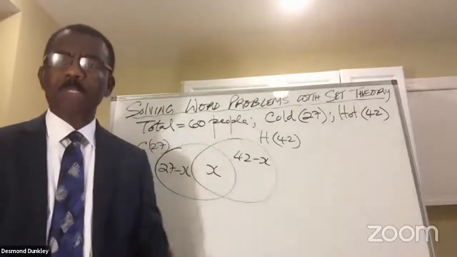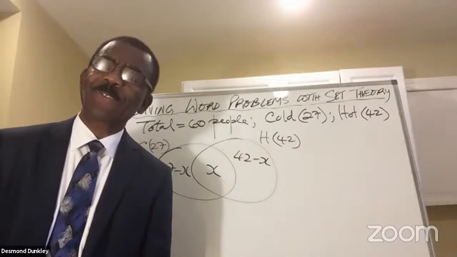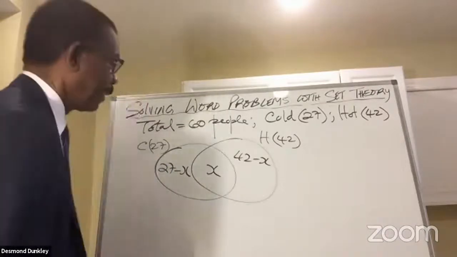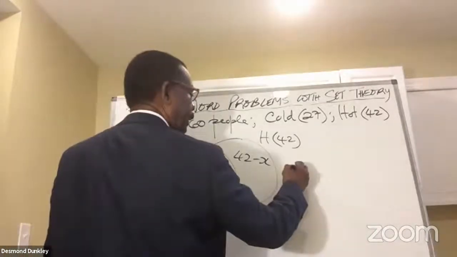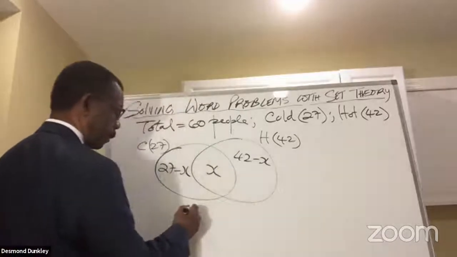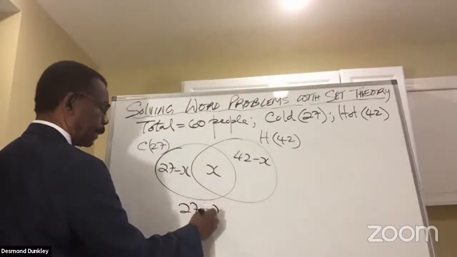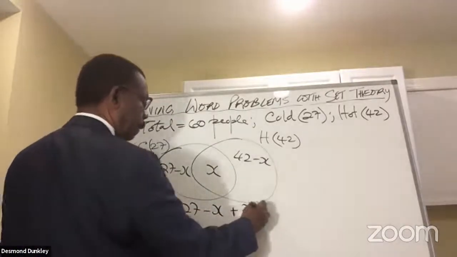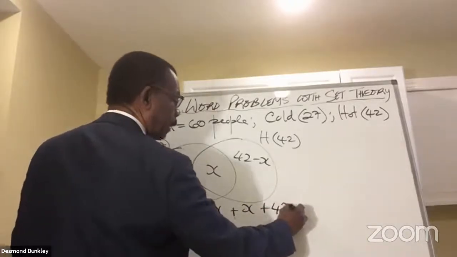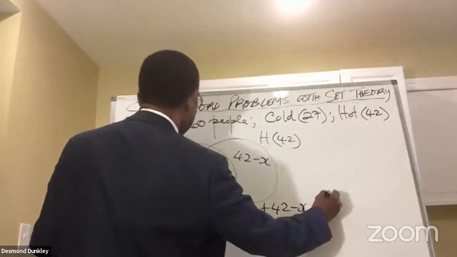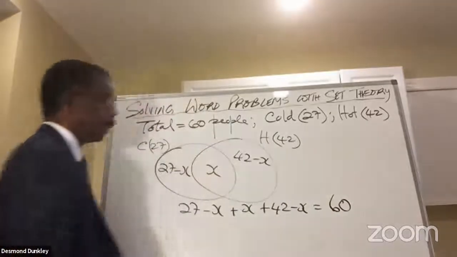Put the three areas together and you should get a total of 60. So here we go. 27 minus x plus 42 minus x is equal to 60.